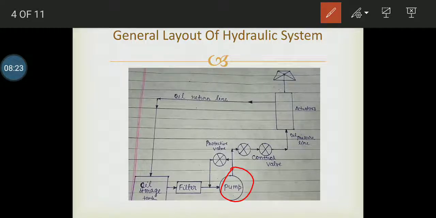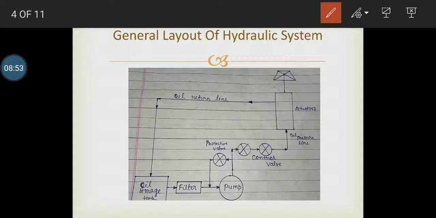It provides pressure energy to the fluid, which is used by the actuator to convert the pressure energy into some other kinds of energy. So the pressure energy is provided by the pump. The pump, in short, pressurizes the fluid; it just generates the pressure inside the fluid.